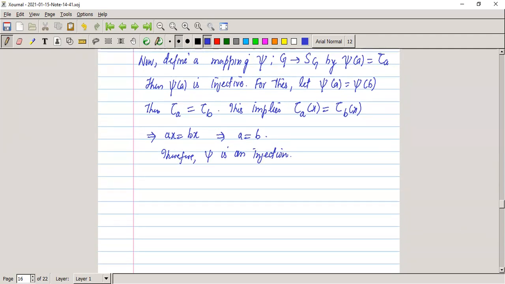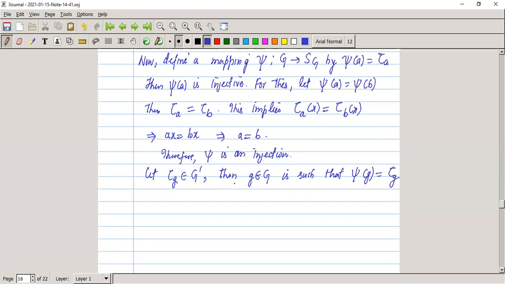And we can also prove that psi is a surjection from G into G dash. Now let's choose some element tau_g belonging to G dash. Then g belonging to G is such that psi of g is equal to tau_g.